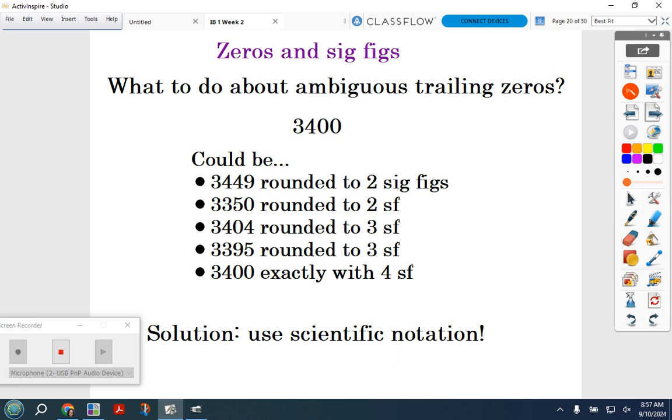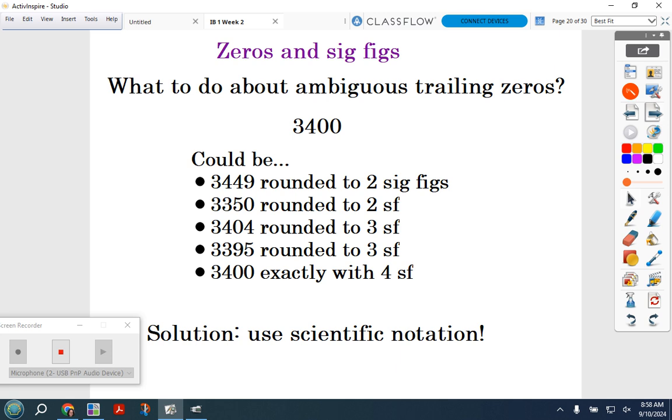It could be anything from 3,400 to 3,449 rounded to 2 sig figs, because you would round the third place down and get 3,400.